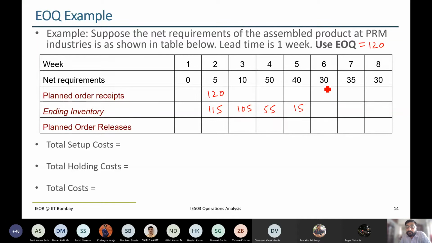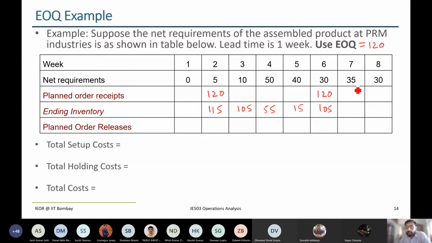But now in period 6 I need 30, but I have only 15. Since lot sizes always come in 120, let's take it as 120. So I'm going to get 120 plus I already have 15 minus this 30. That gives my inventory of 105.